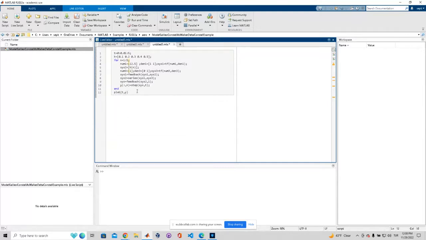After that, we're going to write our grid. And we can add a title to our plot, let's say, unit step response. You can write whatever you want for that plot name.